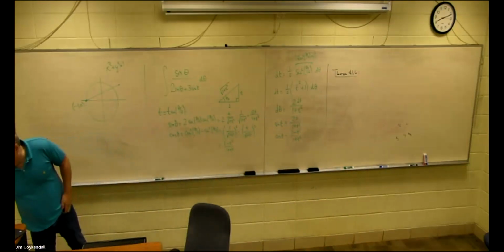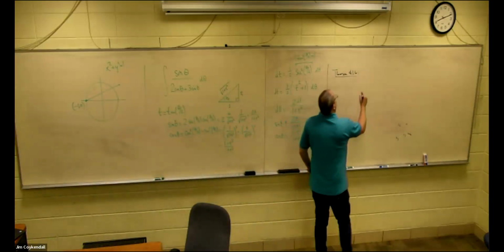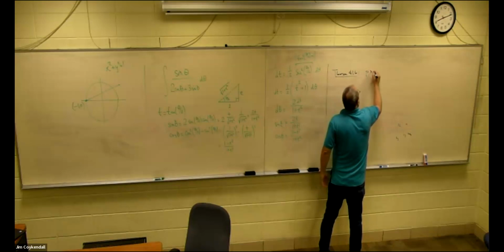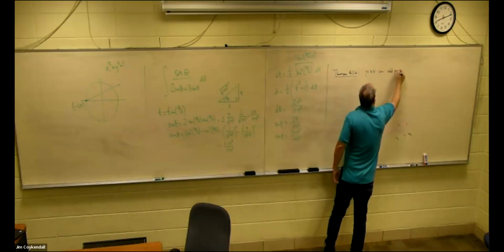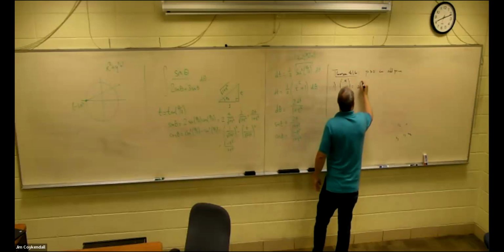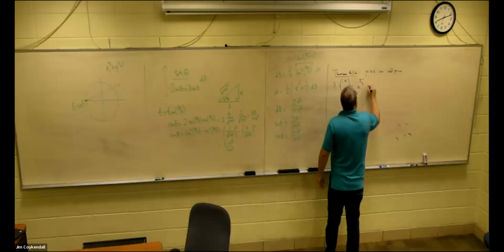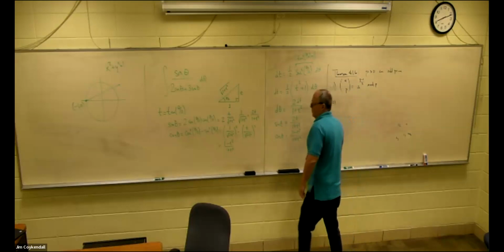One: the Legendre symbol of a mod p is a to the (p minus 1)/2 mod p.